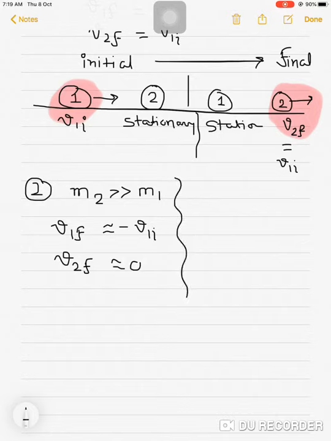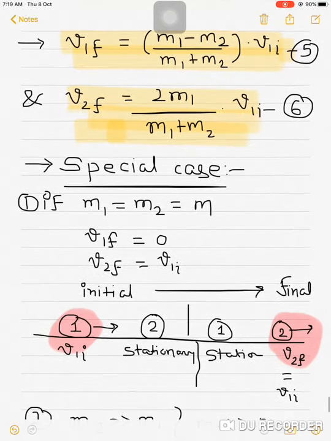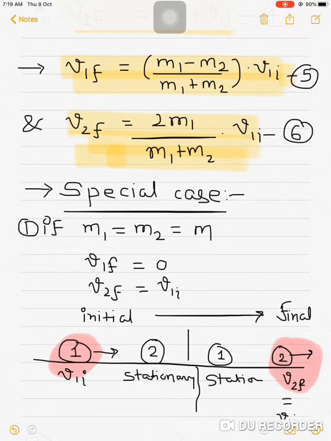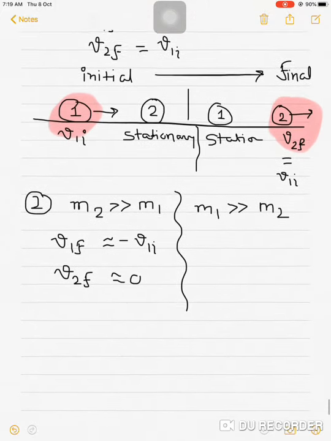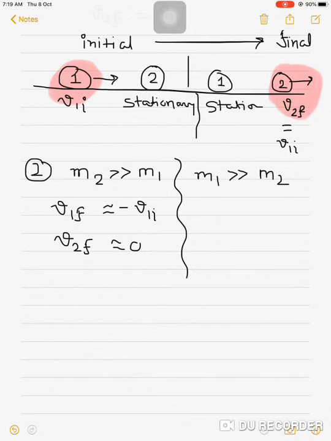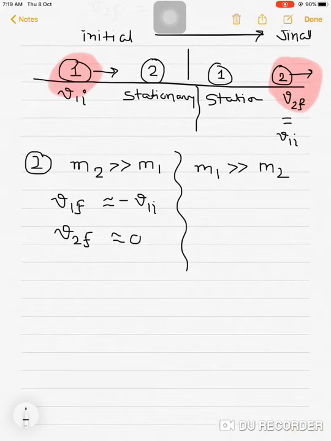Obviously, in the opposite condition, that is m1 is very much greater than m2, we again go with equation number 5. If m1 is major, then v1f will be v1i.